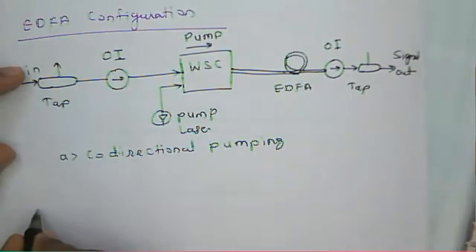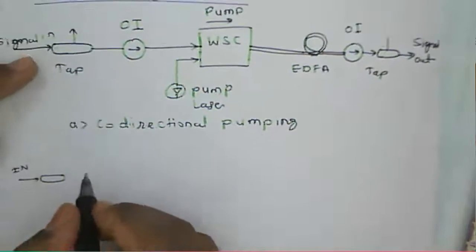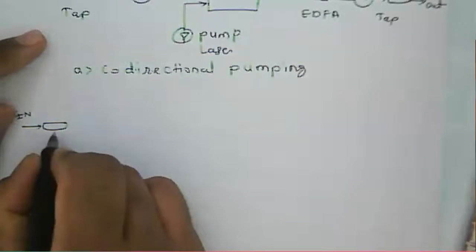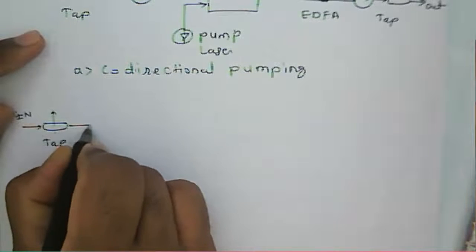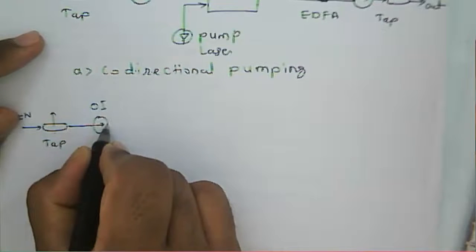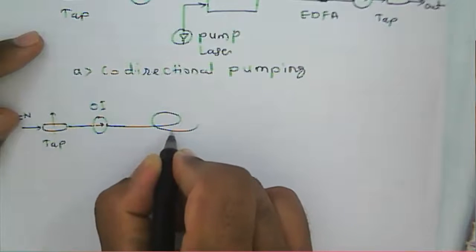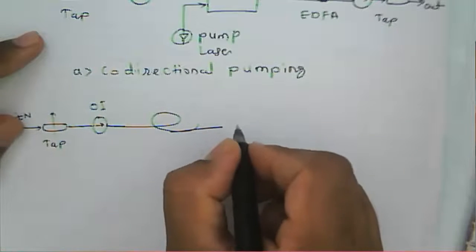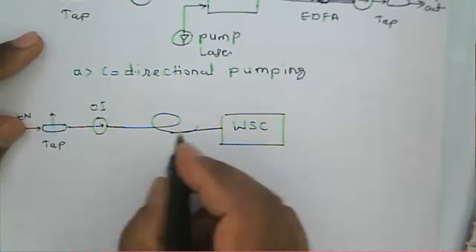Another example: a signal in here, okay. Then we have the tap. This is a tap. Then an optical isolator. Then we have the EDFA here. Then the wavelength switching circuit.